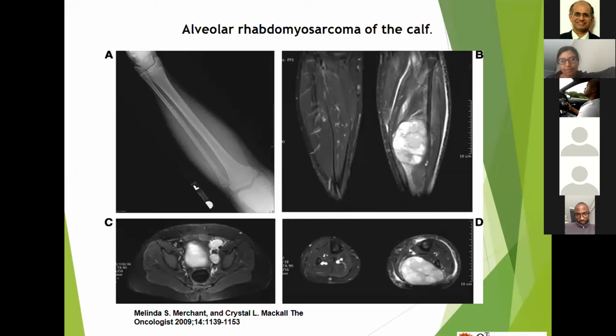But if you do further imaging, your MRI, you will be able to appreciate that there is actually a mass growing there, as you can see on frame B. And on frame C, you can see the inguinal lymph nodes lighting up, which shows the extent of the disease.